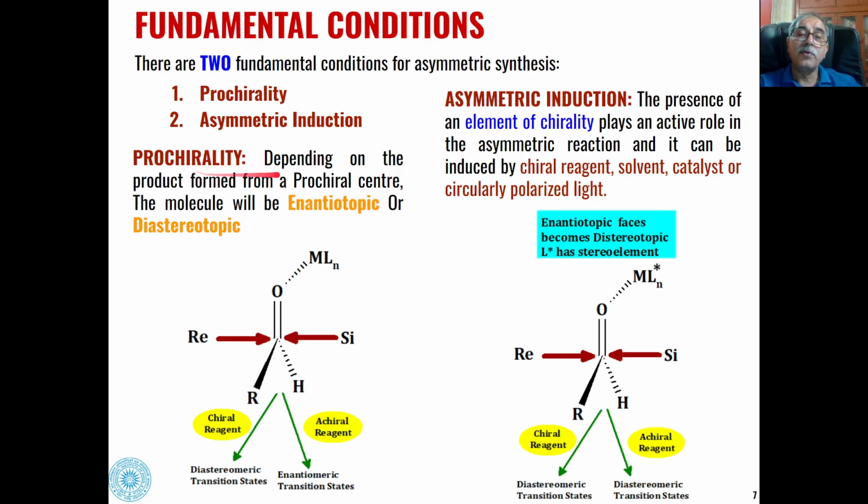So prochirality depends on the product formed from a prochiral center, and the product formed will be either enantiotopic or diastereotopic. If it gives us diastereomers, the reactant is diastereotopic, and if it gives us an enantiomeric product, the reactant is enantiotopic.